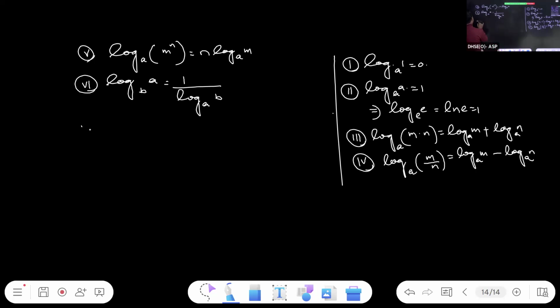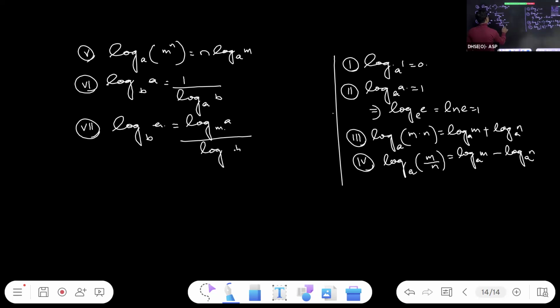Property 7. Log a to the base b is equal to log a to the base m divided by log b to the base m.